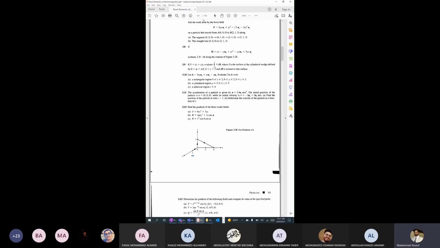This is vector A. What is this question?